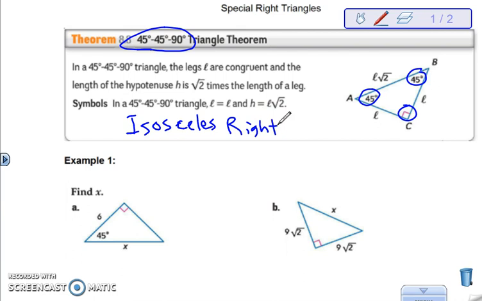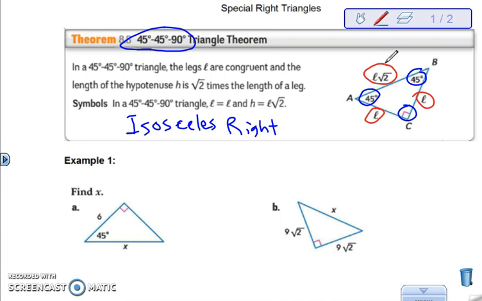We know that for every isosceles triangle, you must have two congruent sides to go along with your two congruent base angles. We also know that based on the Pythagorean theorem, a squared plus b squared equals c squared.